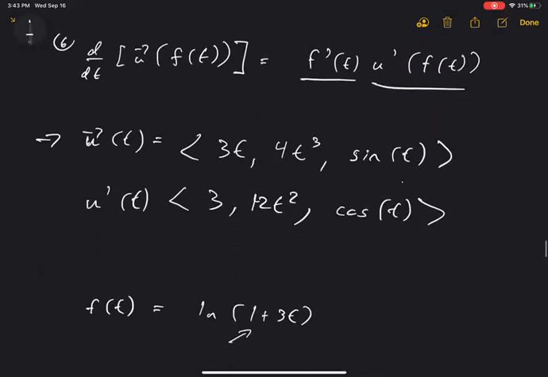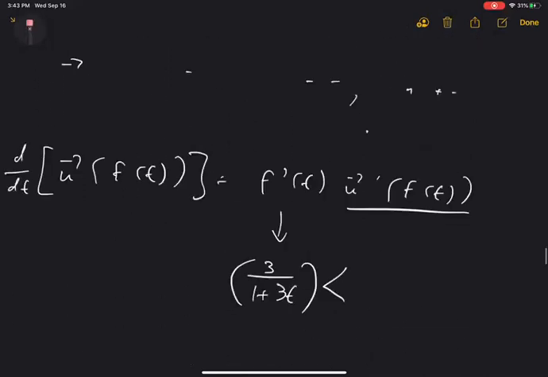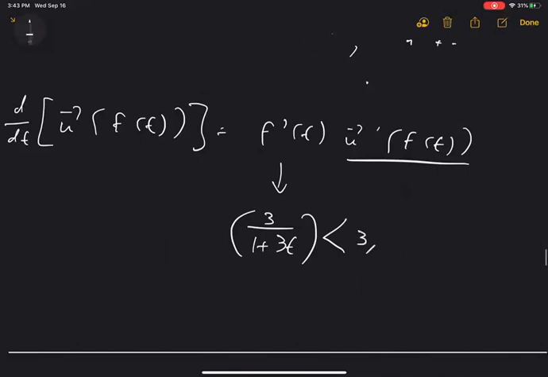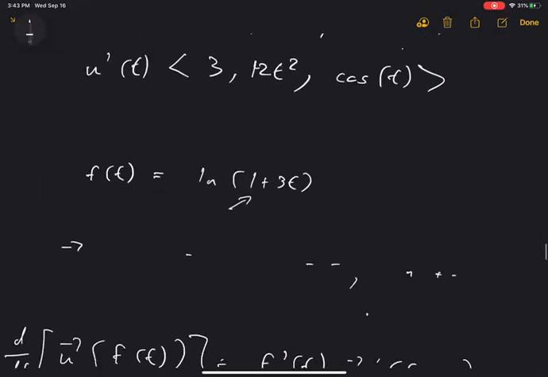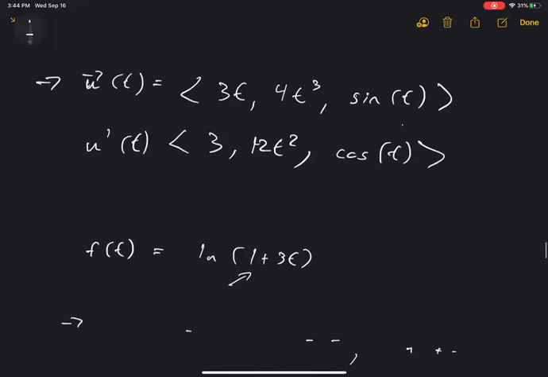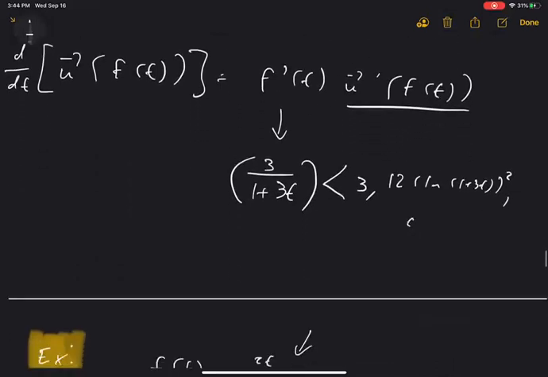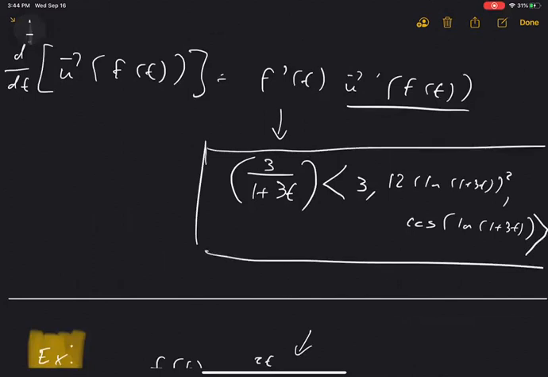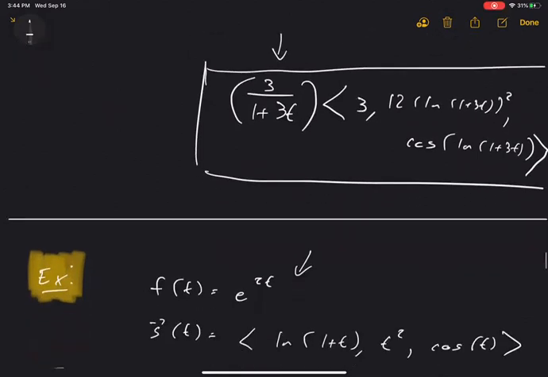Plugging f into this, I'll get 3, 12 ln 1 plus 3t squared, cosine of ln 1 plus 3t. So that should be my f prime times u prime of f of t.